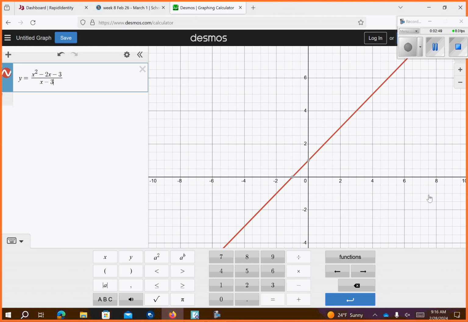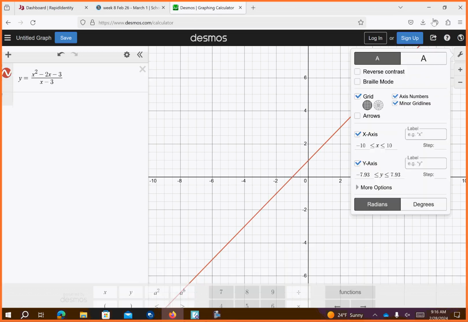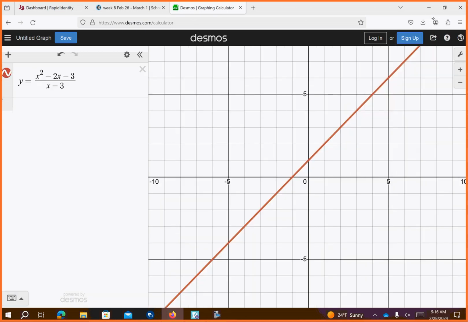And they want to talk about a certain direction we're going here. Okay. So they're saying, what is the limit as x approaches 3?